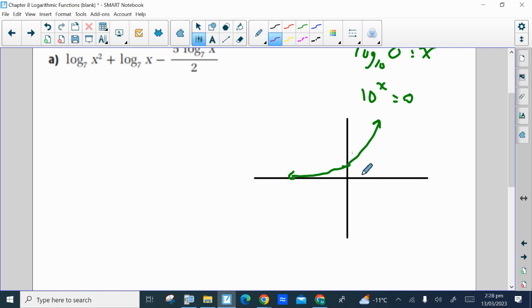So instead of going through 0, 1, it would go through 1, 0. And instead of having the x-axis as an asymptote, the inverse would have the y-axis as an asymptote. So this is what the graph of the logarithmic function would look like. That's the inverse of that exponential. It is completely on the right side of the y-axis. X can't equal 0 because there is no y-intercept, nor can x be negative. The graph shows us that. Okay, so these are the reasons why you cannot take the log of 0 or a negative number.